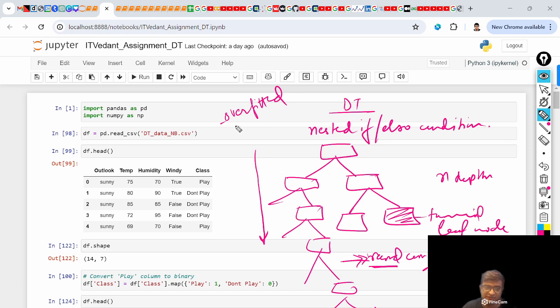And we do several treatments like pre-pruning and post-pruning that we will discuss in some other class. But these pre-pruning and post-pruning are used to control the overfittedness. So basically, because of this nature of the algorithm, it is low bias and high variance. Okay.